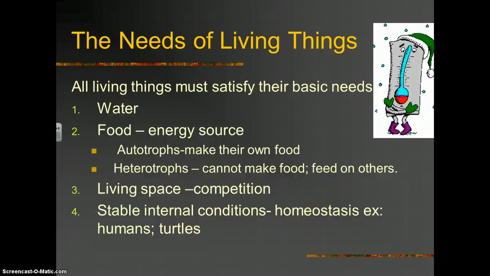A lot of this you should probably already know: you need water, you need food to eat, and organisms need living space, and homeostasis is also a big one, being able to maintain your internal conditions.